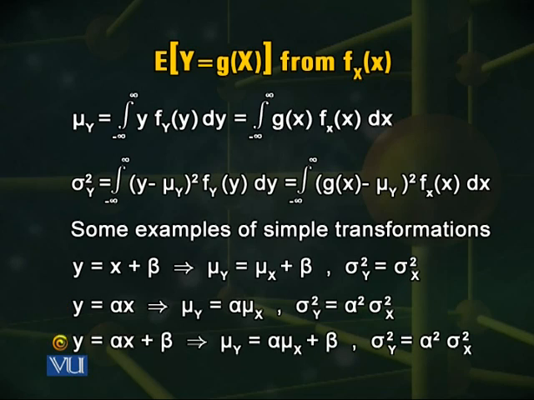And lastly, when y is equal to alpha times x plus a constant beta, the expected value of y is equal to alpha times the expected value of x plus that beta, and value of variance of y is equal to alpha square times the value of variance of x.